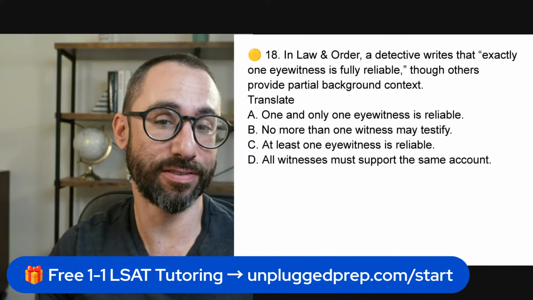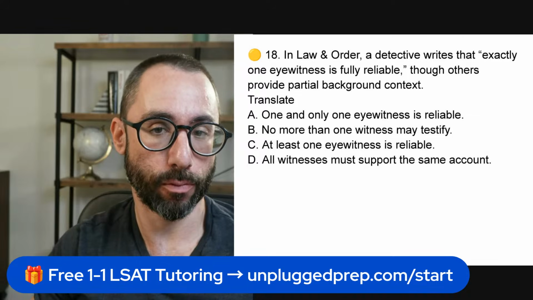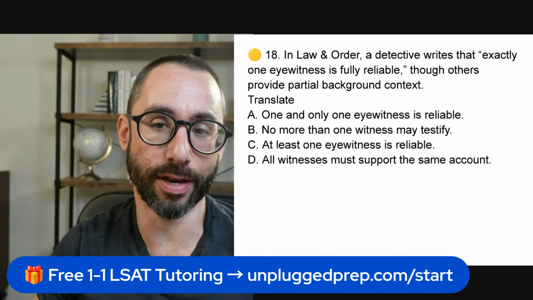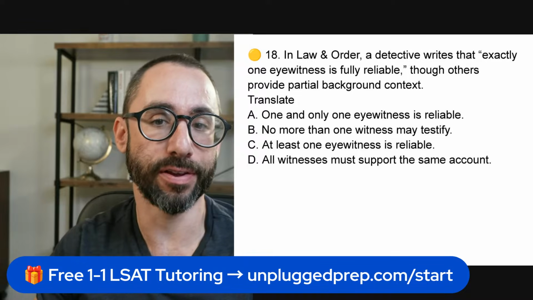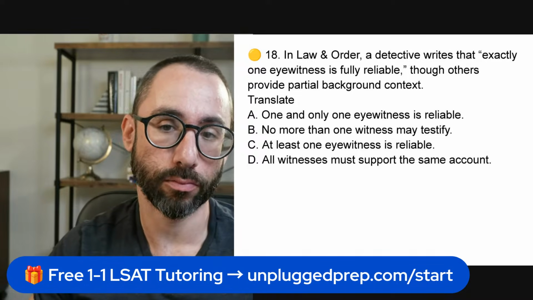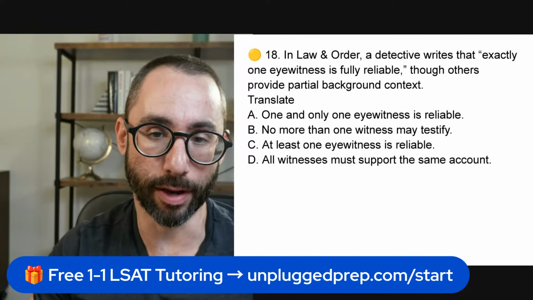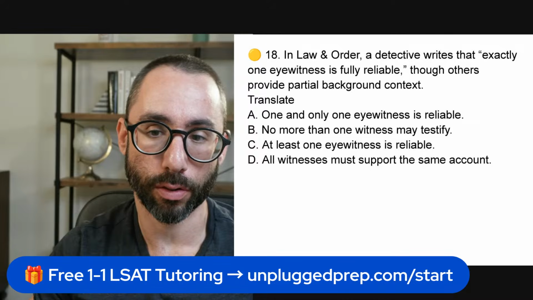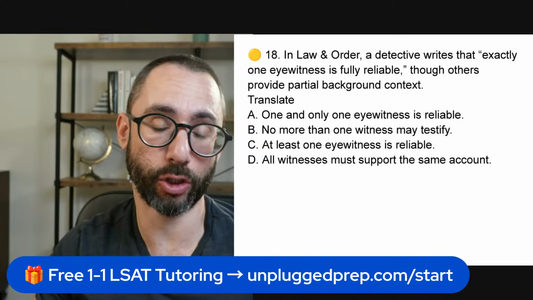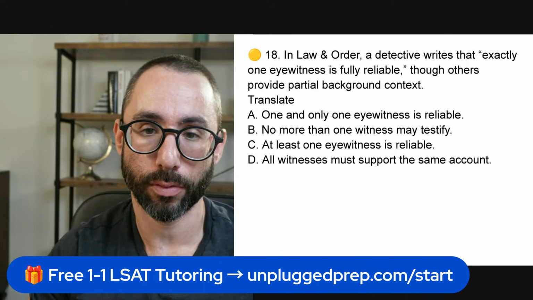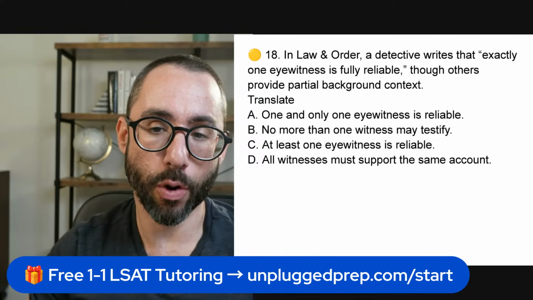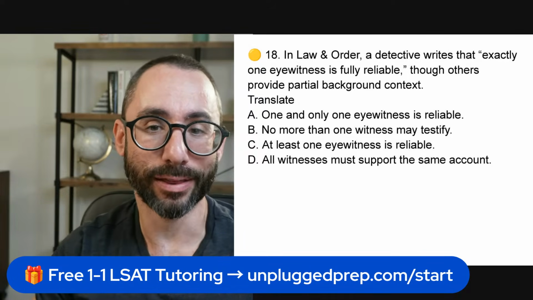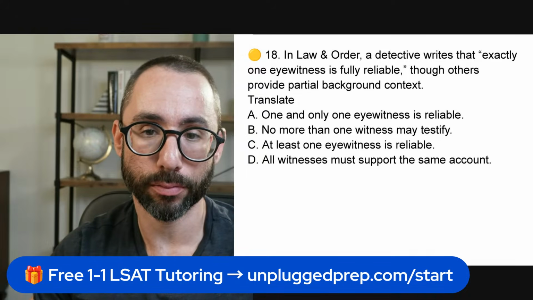Let's translate this statement. Take it from the original into a translated conditional. Exactly one eyewitness is fully reliable, though others provide some context. So what's the best translation of the conditional that we're looking at here? We got some folks here saying C, at least one eyewitness is reliable.